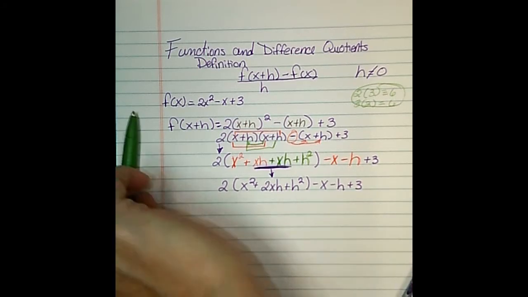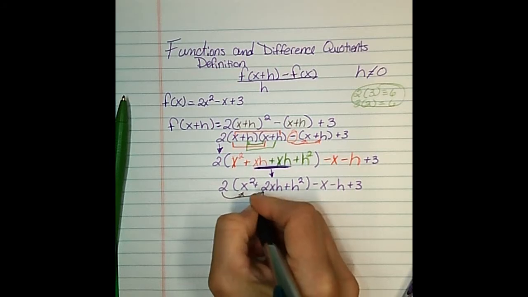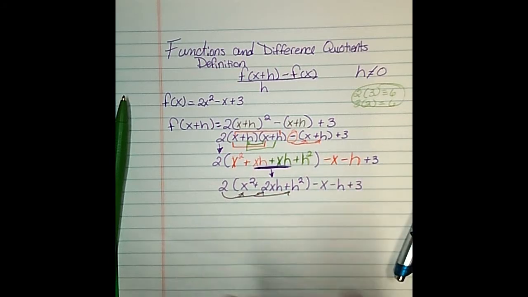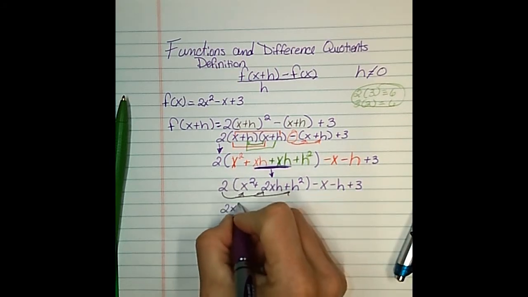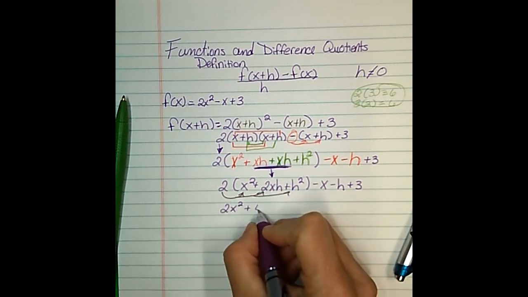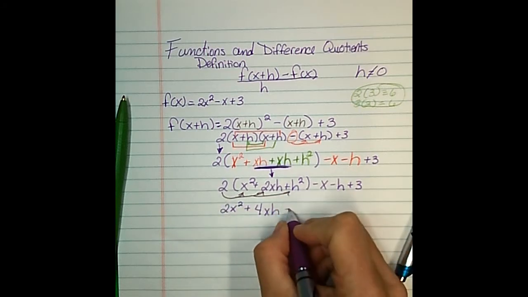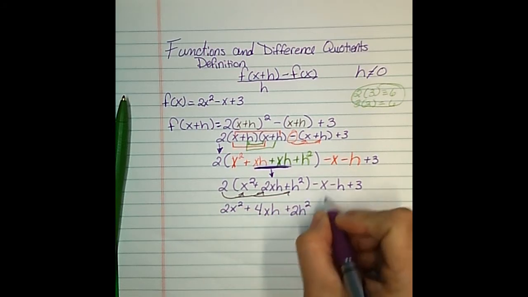Alright, now let's distribute this 2 to everything inside the parentheses. So now I got 2 times x squared, 2 times 2xh, which is 4xh, 2 times a positive h squared, and then bring the rest down.